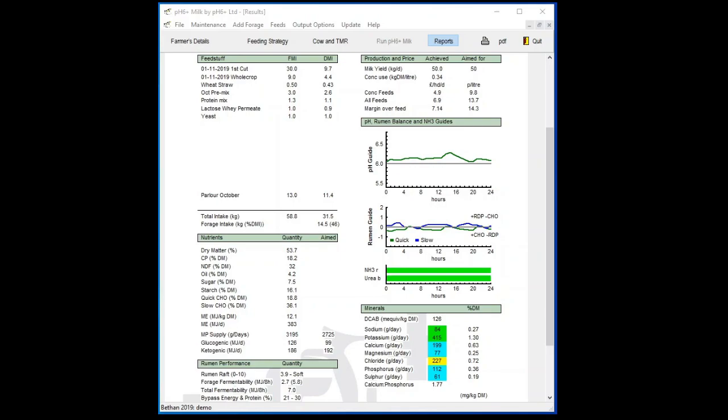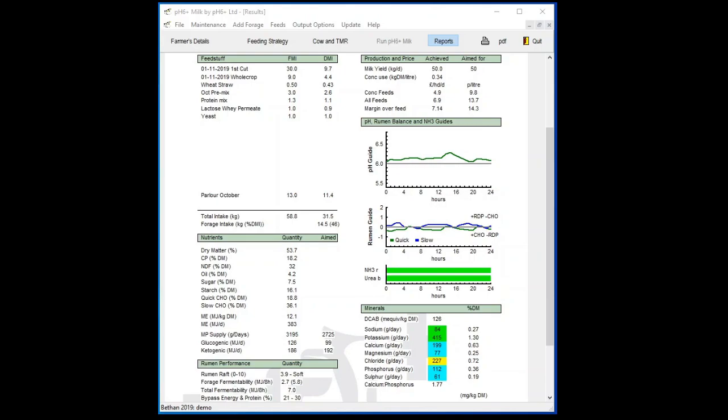In the production and price section at the top right of the report, we can compare the achieved or simulated target values for milk yield, the use of feed, and the concentration. In the feedstuff section at the top left part of the report, we can see what a cow would eat from the TMR plus parlour feed.